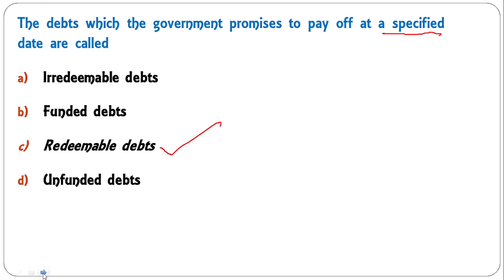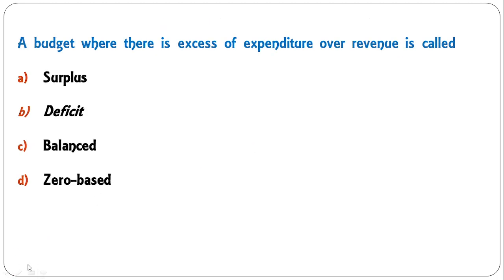So C is the correct answer. A budget where there is excess of expenditure over revenue is called, yes, dear students, deficit. You must be aware of this: that is deficit, when expenditure is more than the revenue. Okay, B is the correct answer.